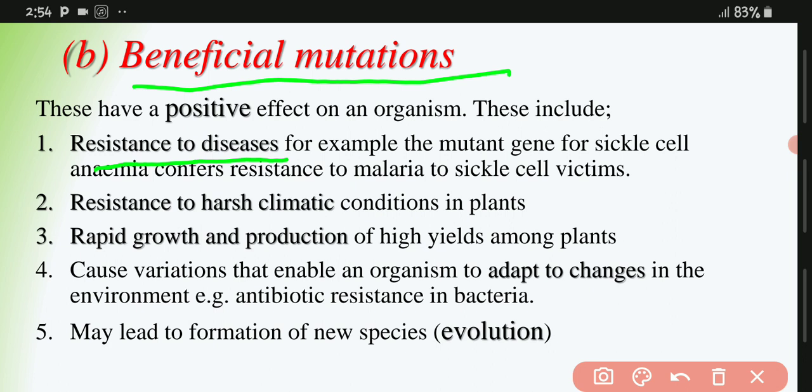For example, the mutant gene for sickle cell anemia confers resistance to malaria to sickle cell victims. It is believed that in Africa, in some areas, people suffering from sickle cell anemia have that extra advantage over malaria.